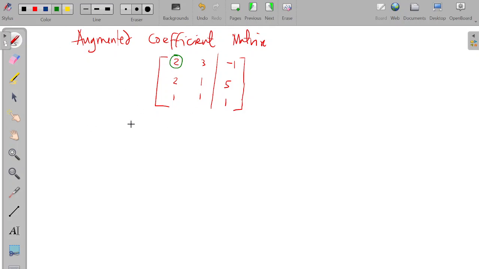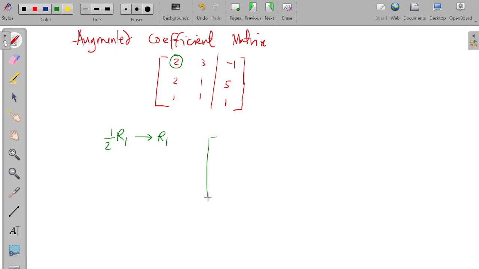So I take 1 over 2 row 1, and I perform this operation for all the elements in that row. This is very important: whenever you write the formula, you must say where you are giving it. I'm giving it to row 1.